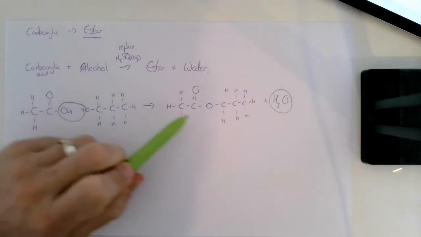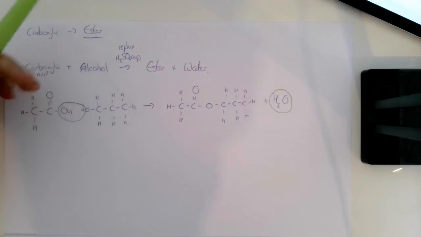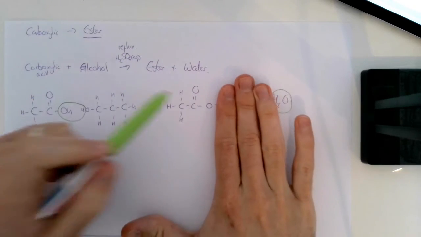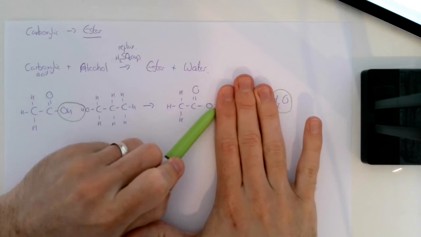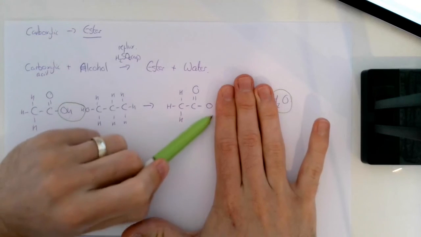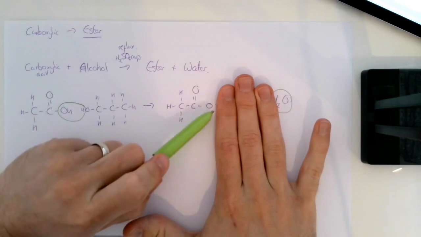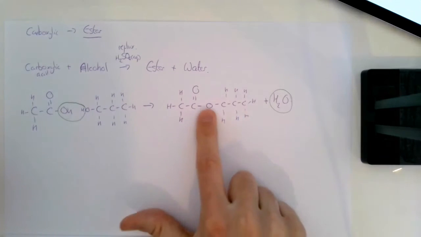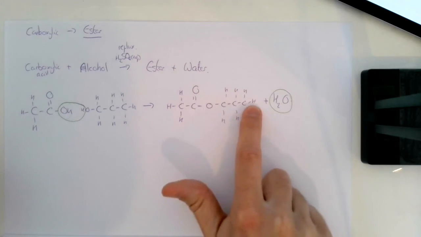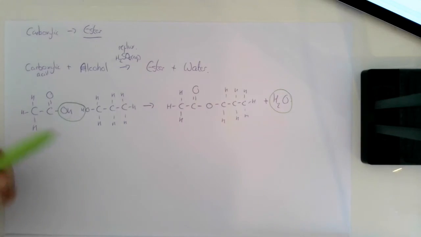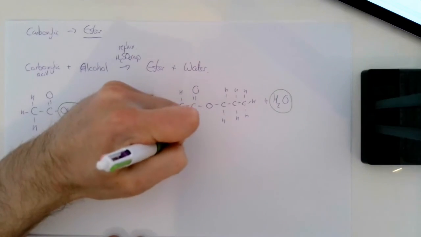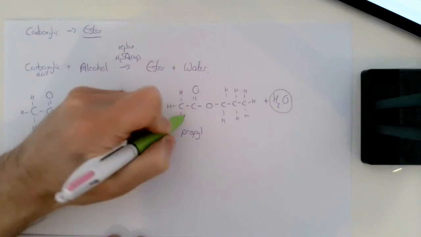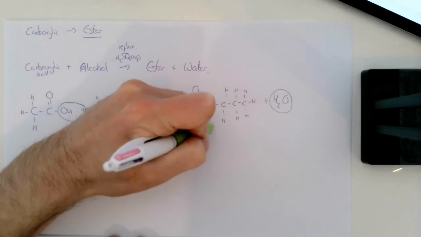In terms of naming it, it's very similar to how you would name a salt. So if we were to get rid of this bit, and let's say it was O minus Na plus, hopefully you'd be able to tell me that, if it was Na plus, it would be sodium ethanoate. Because it's not got a metal attached to it, it's got a three carbon chain attached to it, it would be called propyl for the 3 carbon chain, and then same as before, ethanoate.